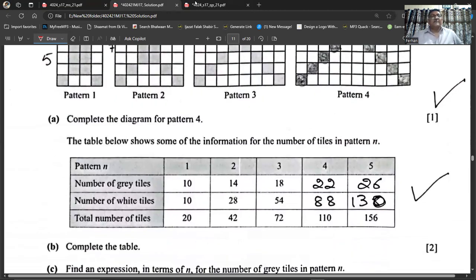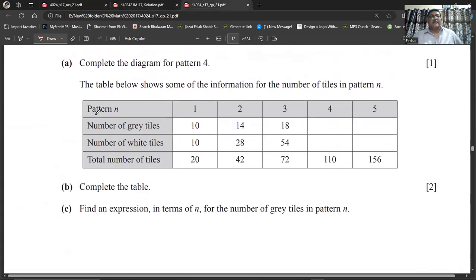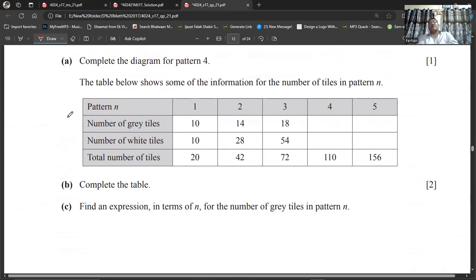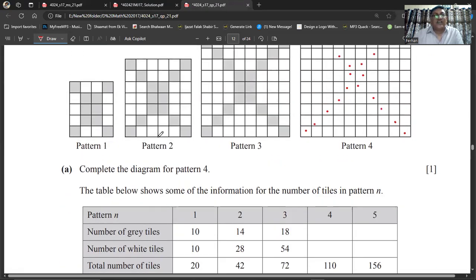Okay, they say that the table below shows some of the information for the number of the tiles in the pattern N. So pattern 1, pattern 2, pattern 3, pattern 4, pattern 5. Here you have the number of the gray tiles. So in the first pattern, you have 10 tiles. In the second pattern, you have 6 plus 8, that's 14.